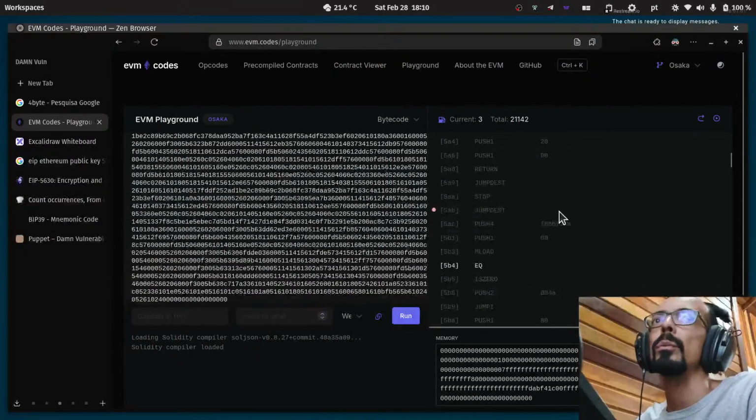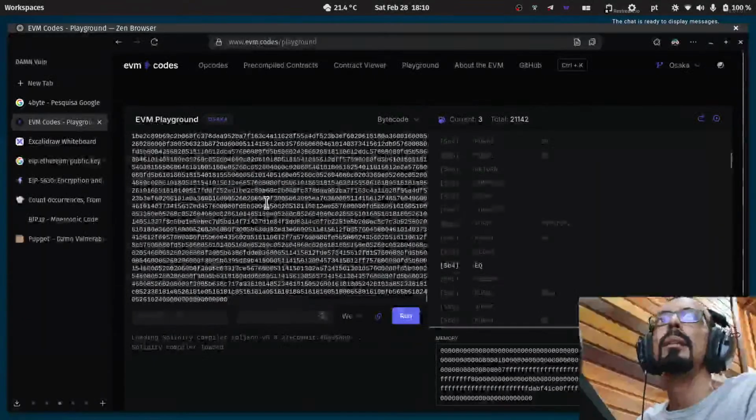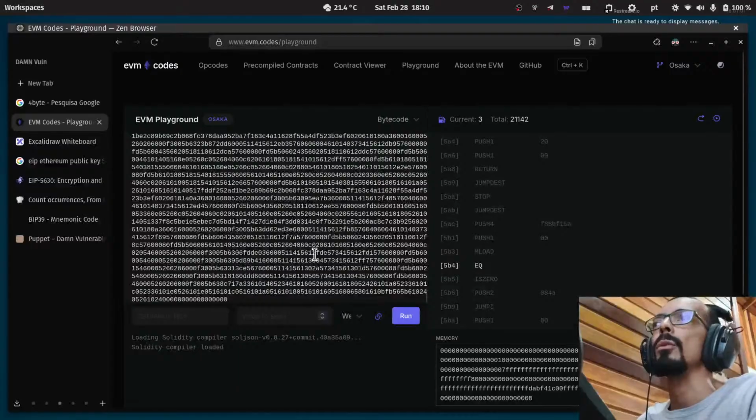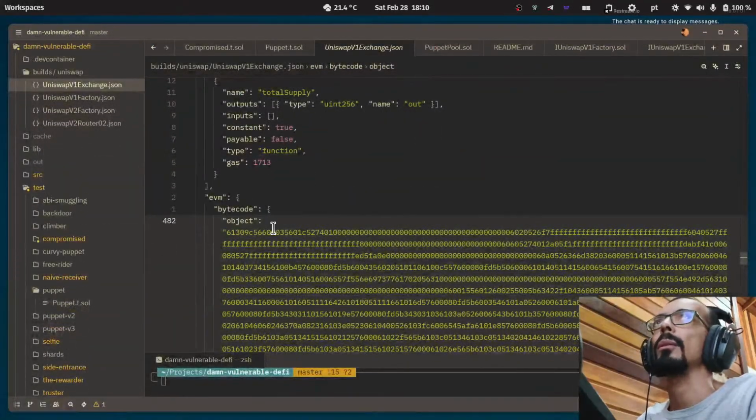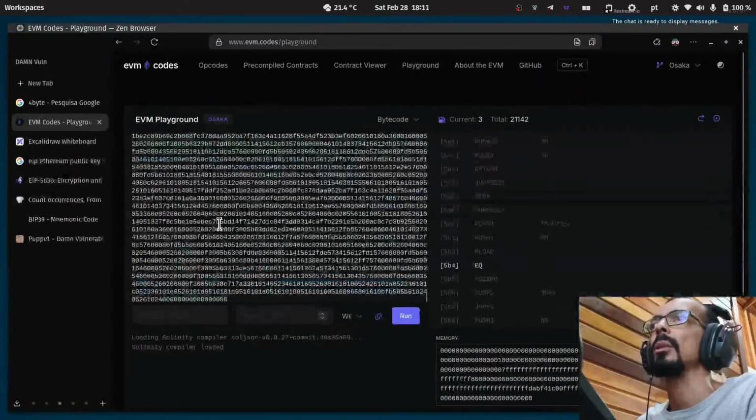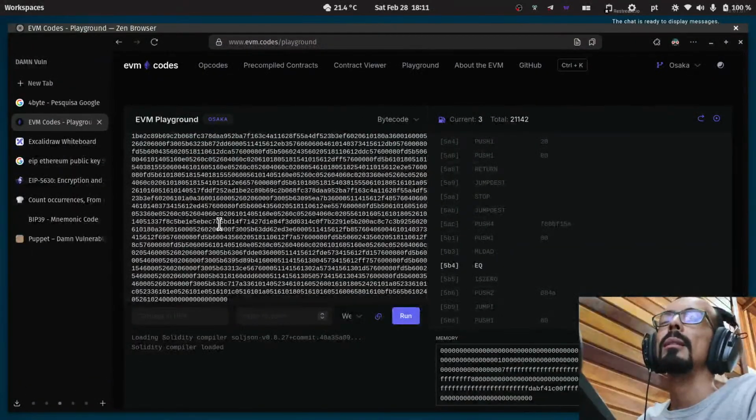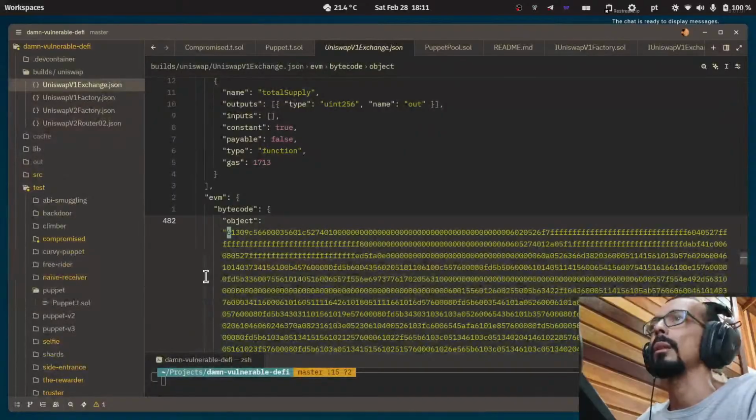I'm gonna assume it's correct for now. Maybe they have a bug here. We need to decode that to figure out. Another thing we can do, like we can check the bytecode. It already exists in a block explorer. So that's gonna confirm us if they have some bugs here.